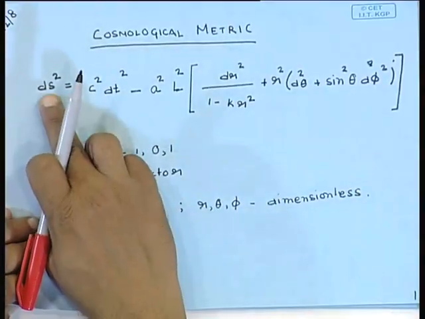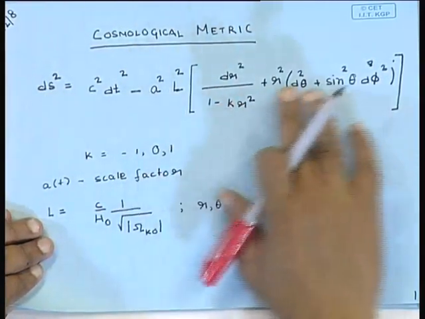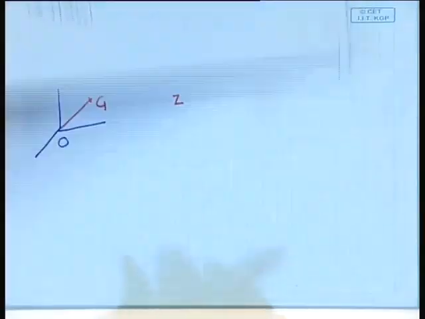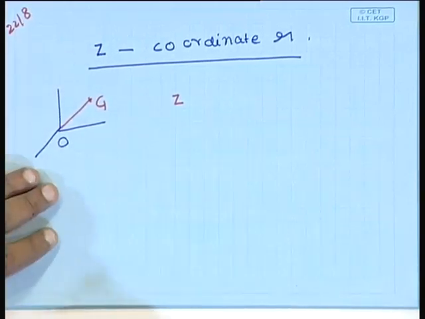Along the radial direction, ds square we know is 0 for light. And the question that we are asking is what is the conformal time.